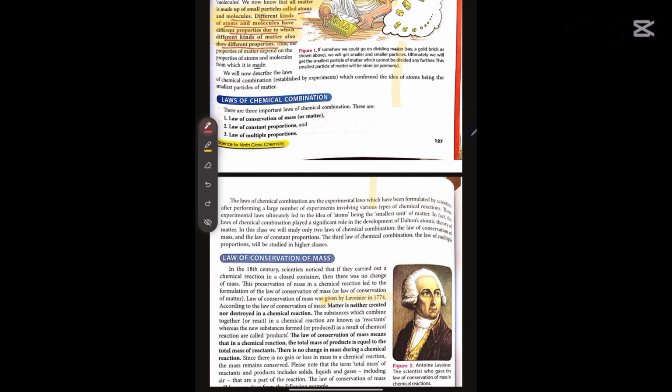Laws of chemical combination actually means that when molecules or atoms are combining, what rules do they follow for that combination. The first one is the law of conservation of mass, or law of conservation of matter.